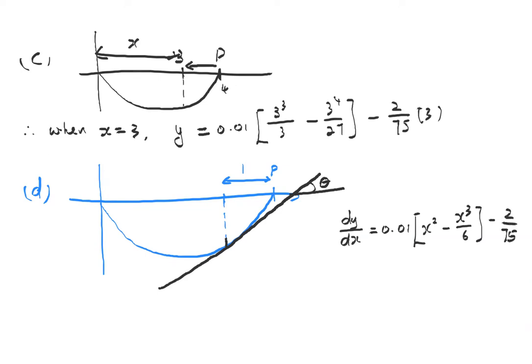Am I right? So the x you have to put 3. So 0.01 times 3 squared, minus 3 cubed over 6, take away 2 over 75. So you get the value. So this will be the gradient. So if you want to get the angle, you do a tangent inverse of the value that you get.